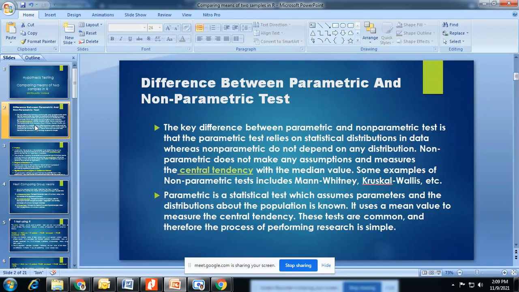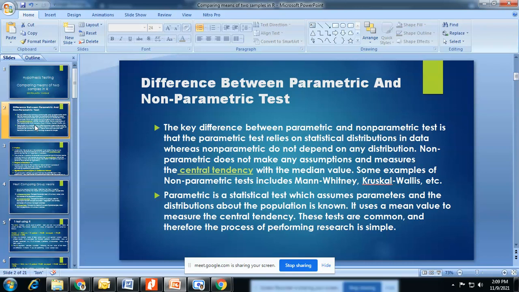Some examples of non-parametric test are Mann-Whitney test, Kruskal-Wallis test, etc.